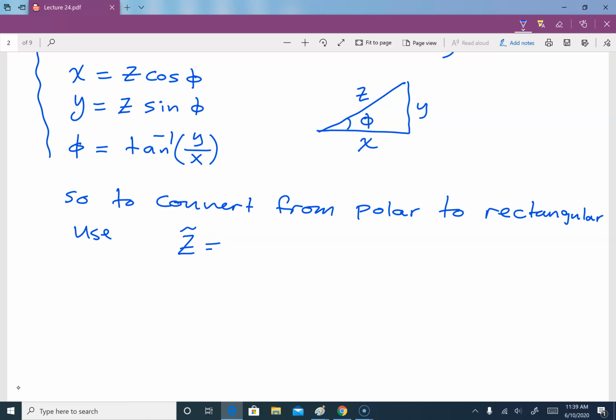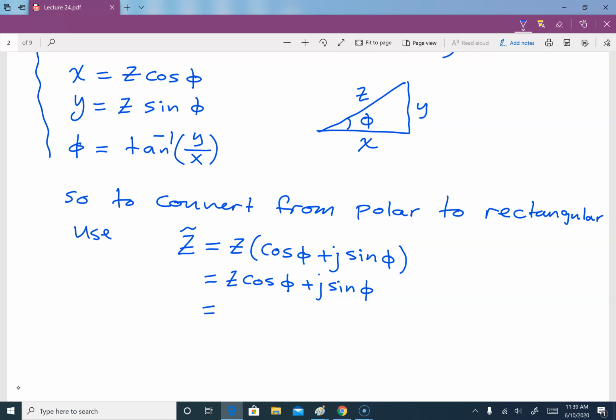Phasor z is equal to the magnitude of the phasor, which is z, times cosine phi plus j sine phi, which is equal to z cosine phi plus j z sine phi.